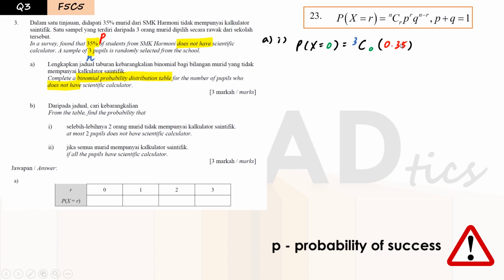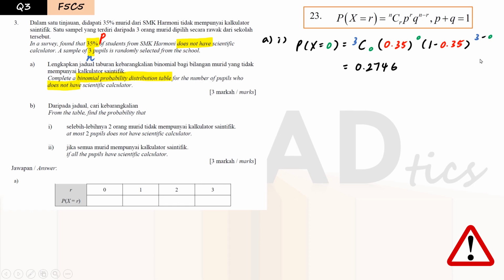We put 0.35 here, and the power will be r, so it's 0. q would be the probability of failure, which is very simple to calculate. It's just 1 minus the probability of success, which is 0.65. For the power, it will be n minus r, which is 3 minus 0. Then you put this into the calculator and you can find out the probability.